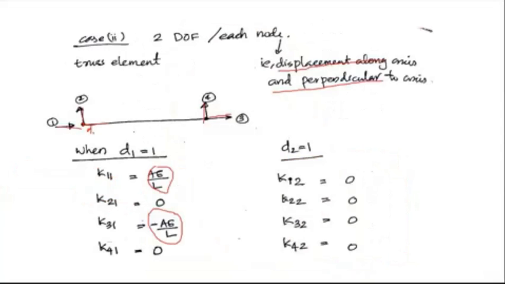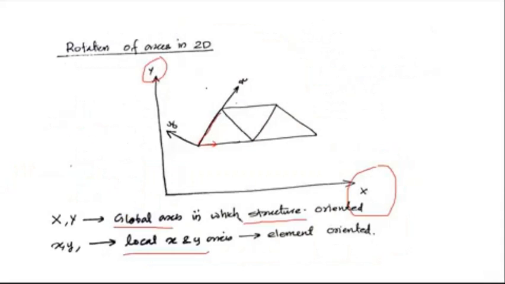So you have to make sure of this transformation. The KE matrix I have derived is along the axis and perpendicular to the axis for any element. So you have to apply some transformation matrix in order to transform this KE matrix obtained in local coordinates to global coordinates. So here there are 2 sets of axes. One is the capital X and capital Y, which is called the global axis in which the structure is oriented, and small x and small y, which is different for each element.